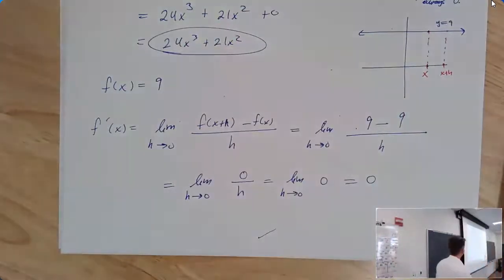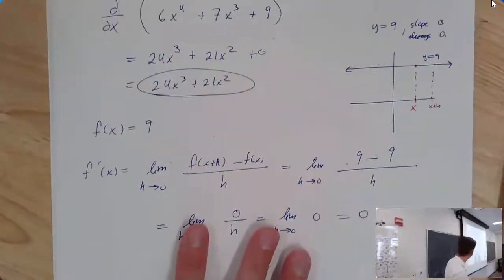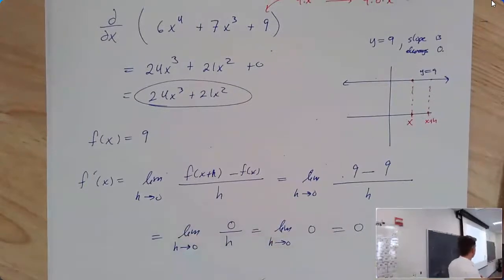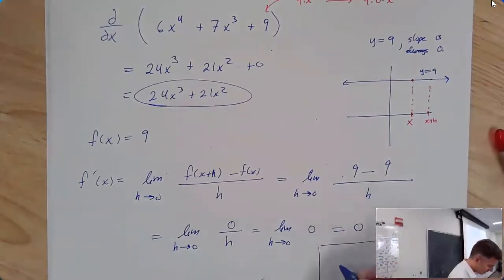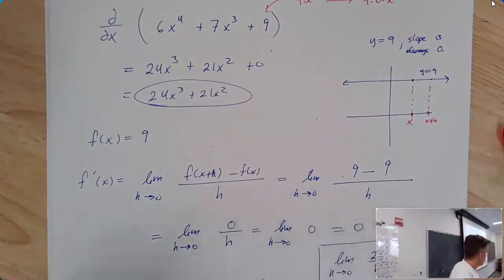Question? Well, so the difference is no. For example, just to contrast that, take the limit as h approaches 0 of say 2h over h.